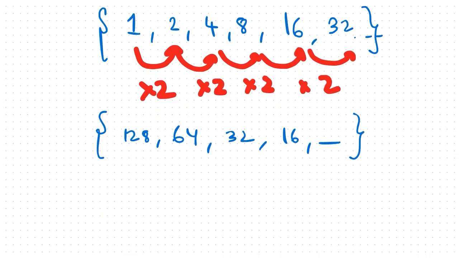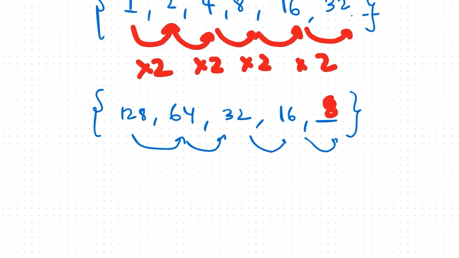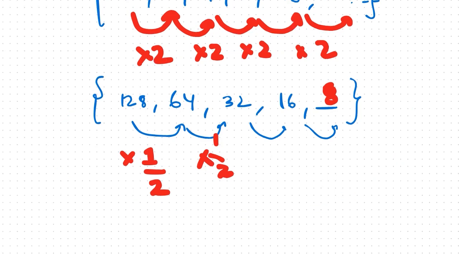In this case, when you are passing one by one, you are dividing by 2, or multiplying with half. So these types of sequences, when multiplication is involved, are called geometric progression.